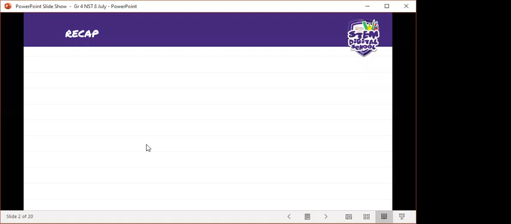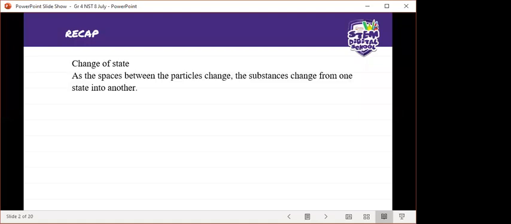Right, guys, just a quick recap on what we did yesterday. Yesterday we looked at change of state. We said that as spaces between particles change, the substance changes from one state into another.